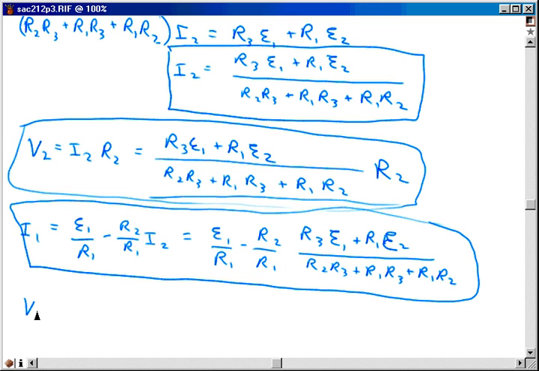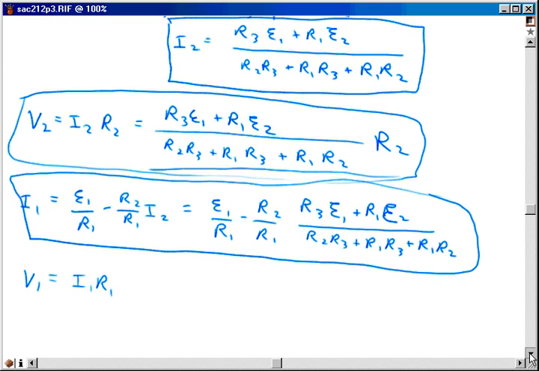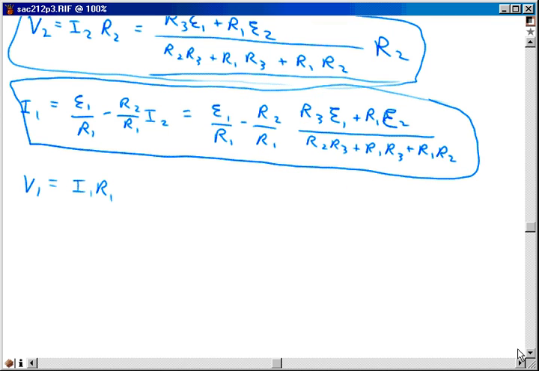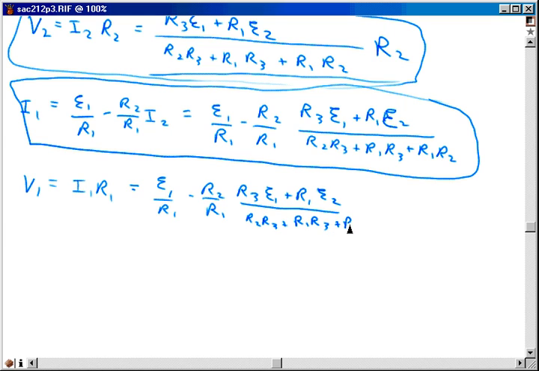for I1. And V1 is just I1 R1. So we just have to multiply this expression by R1. And I'll simplify that one a little bit.